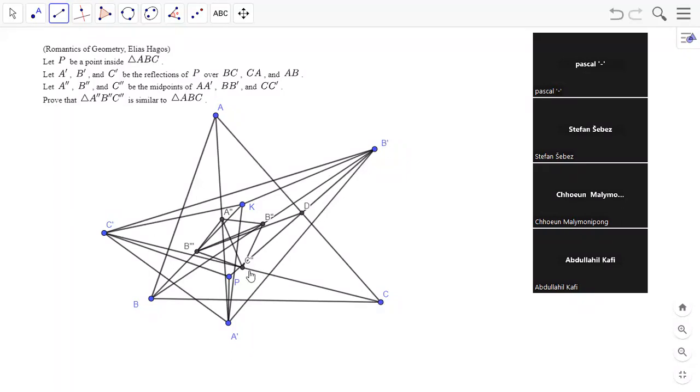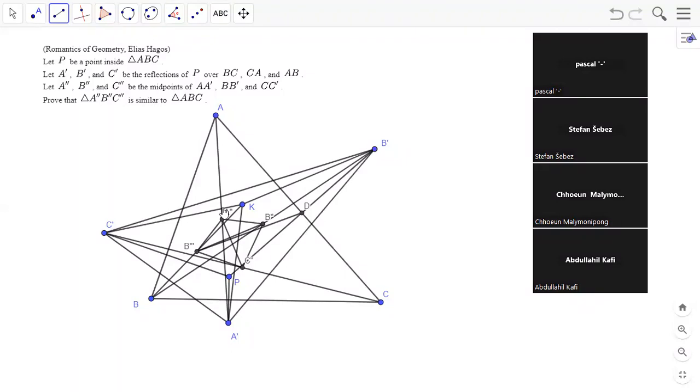So we have C double prime and B double prime. No, actually, it is A prime, A double prime, C double prime. That is the Gauss line of A prime, C, A, C prime. So this is perpendicular to the Gauss line of that quadrilateral.